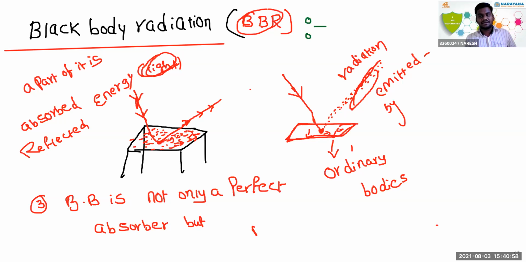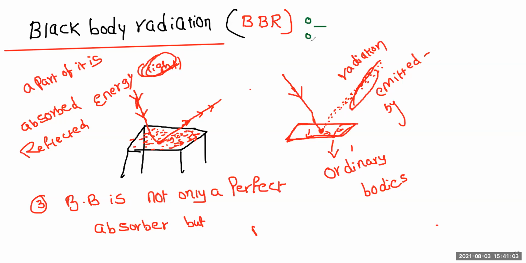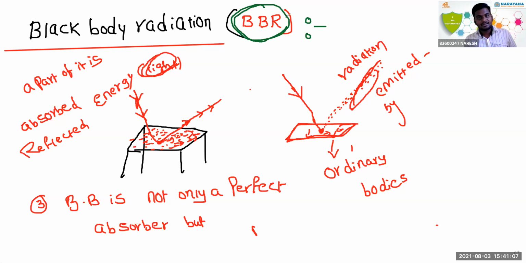The radiation emitted by a black body kept at high temperature is called black body radiation.